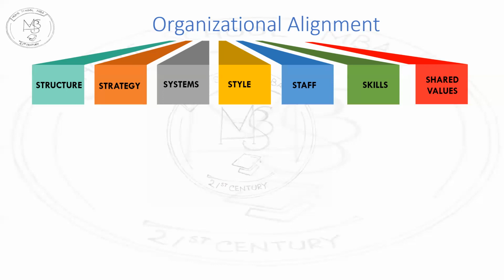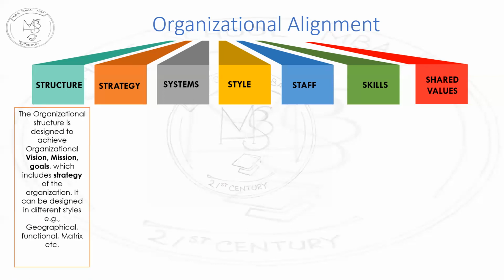And structure means that the organizational structure is designed to achieve the organizational vision, mission, and goals, which include the strategy of the organization. It can be designed in different styles, that is geographical, functional, or matrix.